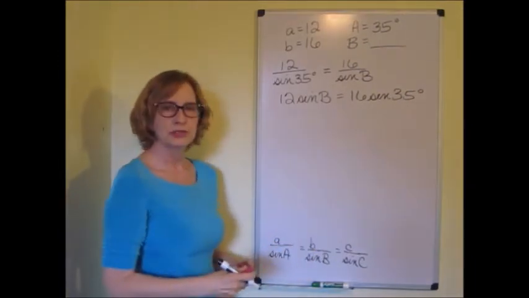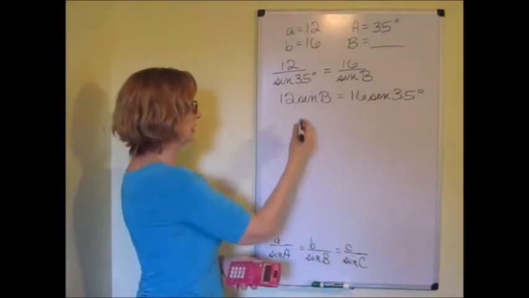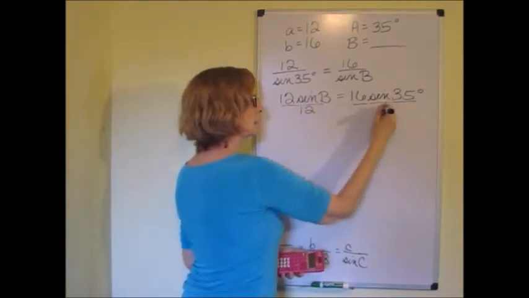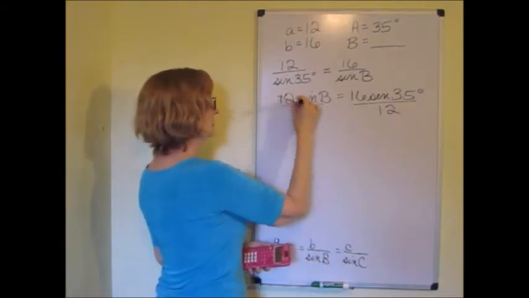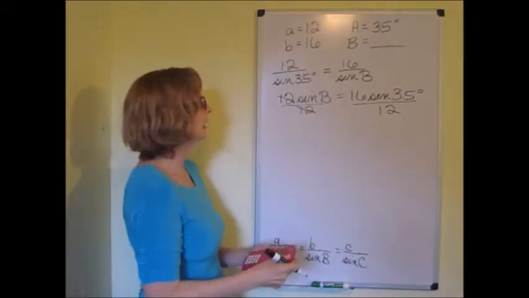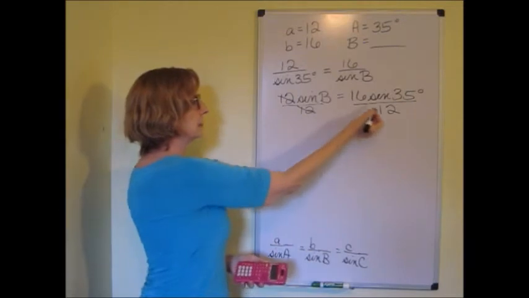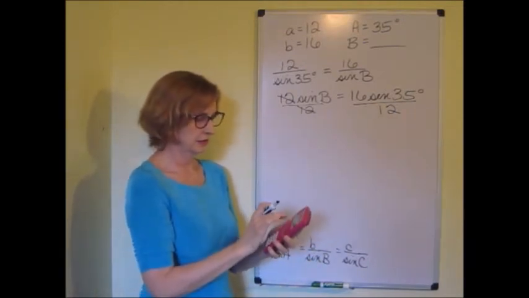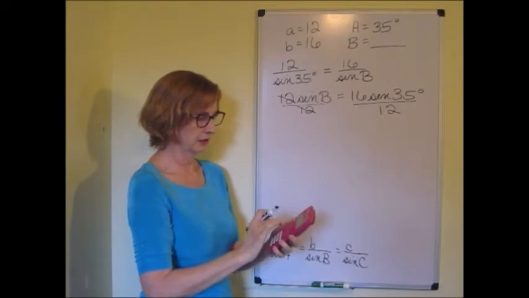Alright, so we'll solve for the sine of B. I'm going to divide both sides by 12. And let's see what we get for angle B. The sine of B is all of this, so again use inverse sine.